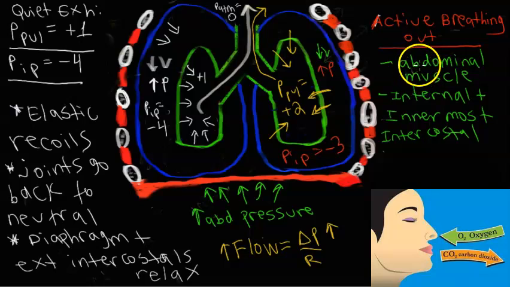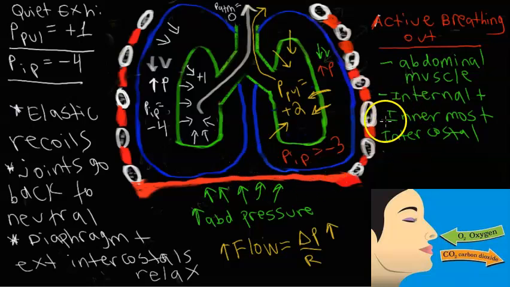It involves the abdominal muscles, such as the oblique muscles, right, which play a big role, as well as the rectus abdominalis. And these muscles actually push up on the diaphragm to decrease the thoracic volume.